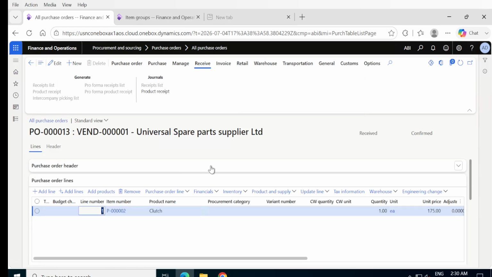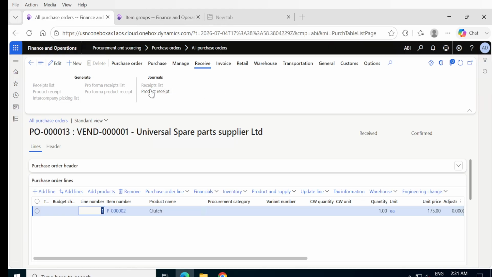Now I have this purchase order, and I have done a purchase receipt through receive product receipt. After I've done that, the application posted the product receipt, and it created a journal, the product receipt journal.